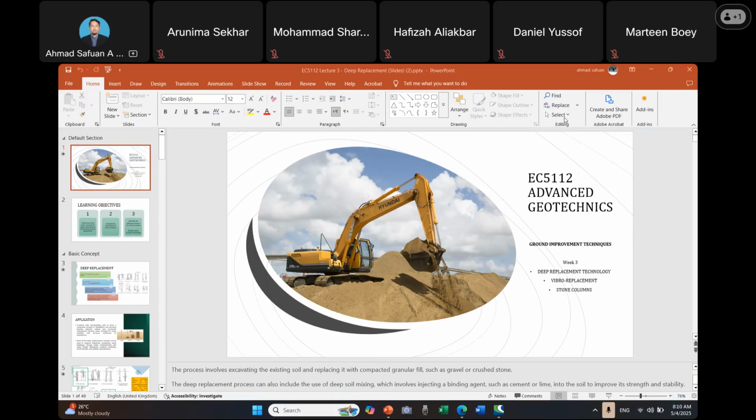When I did my PhD, I studied the behavior of the deep mixing methods. However, I did my study using small scale physical modeling.